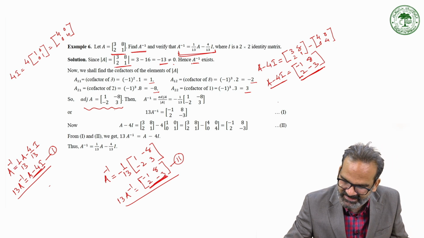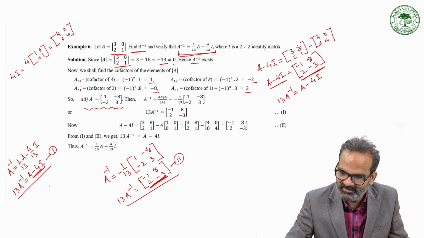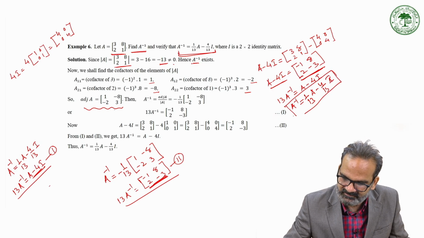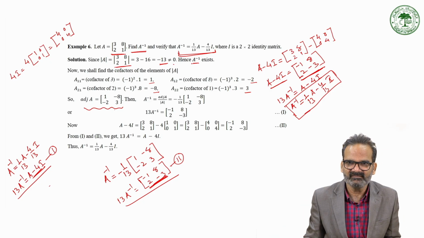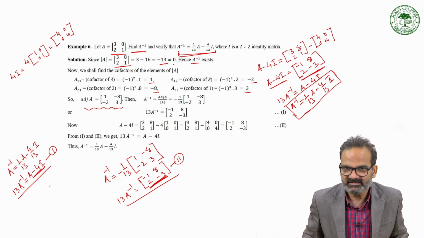So what does it mean? 13 A inverse is equal to A minus 4I. Clear? Because this is the value of A minus 4I. From here, A inverse can be written as 1 upon 13 A minus 4 upon 13 I. This is what we wanted to show, right? Clear?